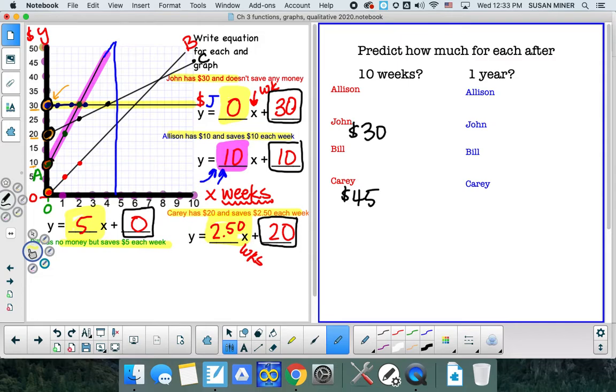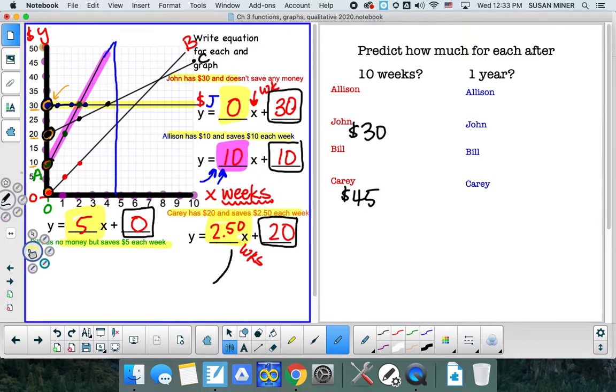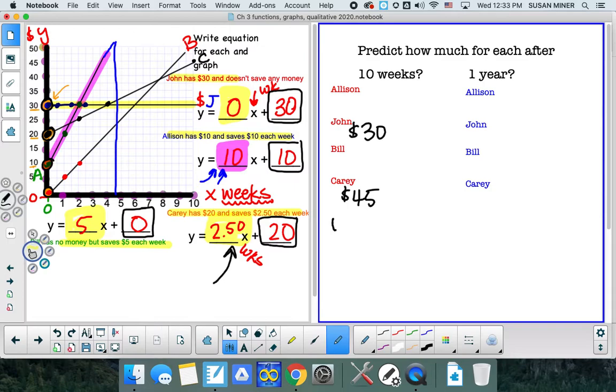Well, I can use Carrie's equation as a function in order to make predictions. I can check and make sure that my guess of $45 is accurate by using inputs and outputs. If I input 10 weeks into here, what will my output be?